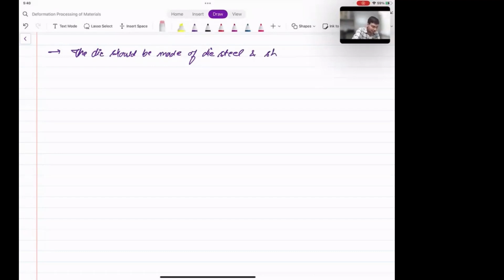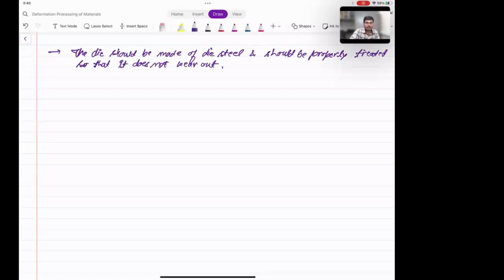Okay, so this type of property is required for the dies.